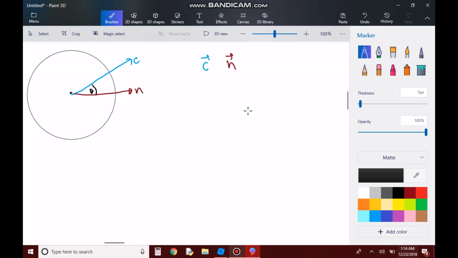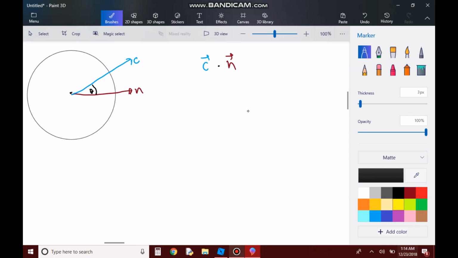So there's two ways to do this. We can do the dot product, or we can find the angle of this vector using its x and z, and we can find the angle of this normal vector using x and z, and subtracting the two to get this angle right here.